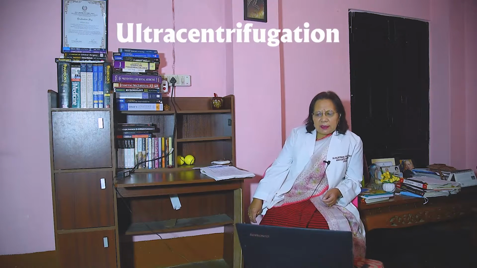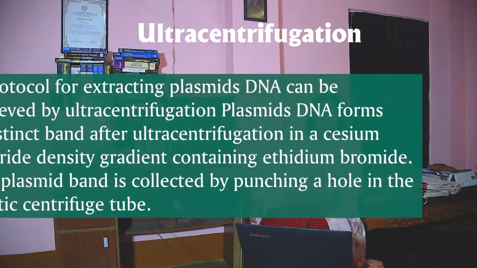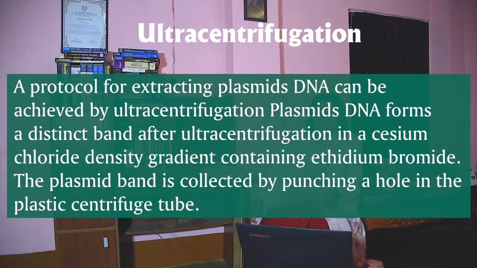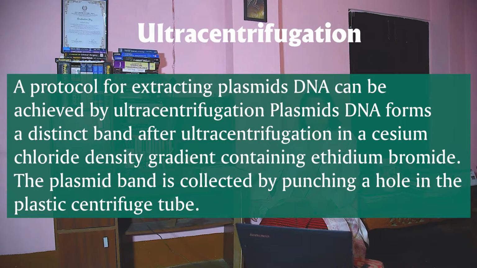First, ultracentrifugation. A protocol for extracting plasmid DNA can be achieved by ultracentrifugation, and this plasmid DNA forms a distinct band after ultracentrifugation in a potassium chloride density gradient containing ethidium bromide. The plasmid band is collected by punching a hole in the centrifuge tube.